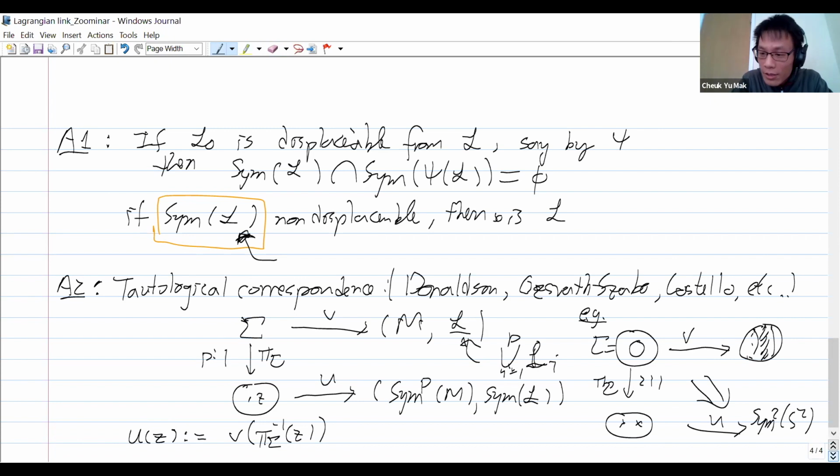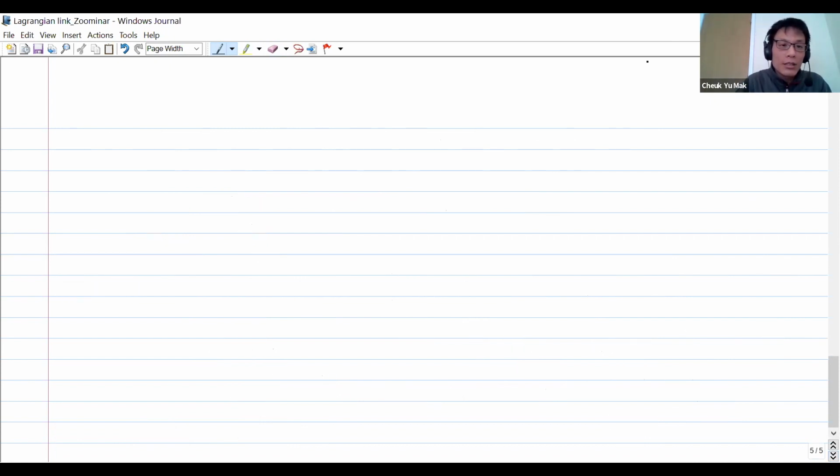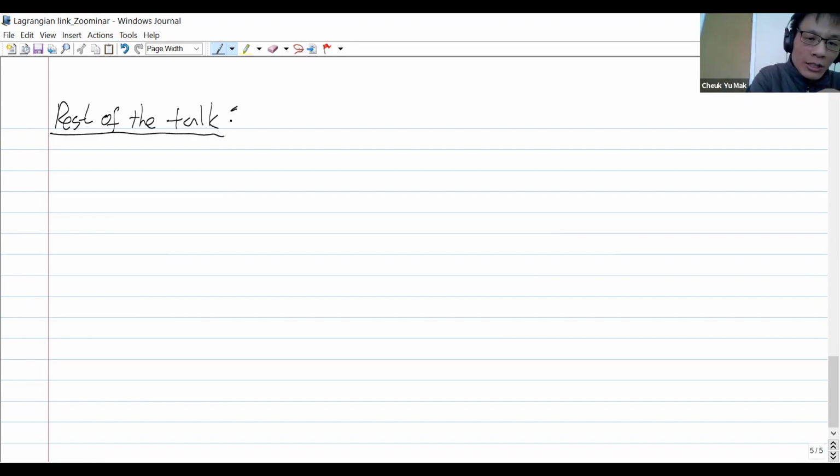And morally, because passing to symmetric products captures more holomorphic curves, we should expect that we can recover more information about the original manifold M. In the rest of the talk, I want to explain in more detail how to incorporate this idea and prove the theorem using this idea.